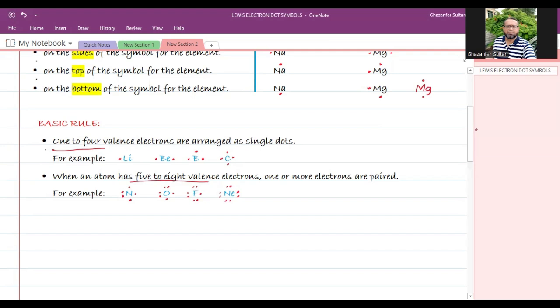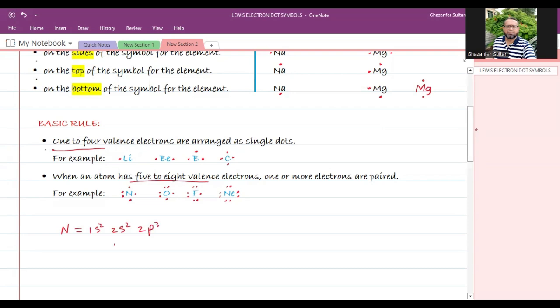Because when you write the orbital electronic configuration, for example, in case of nitrogen, you can see 1s2, 2s2, and 2p3.